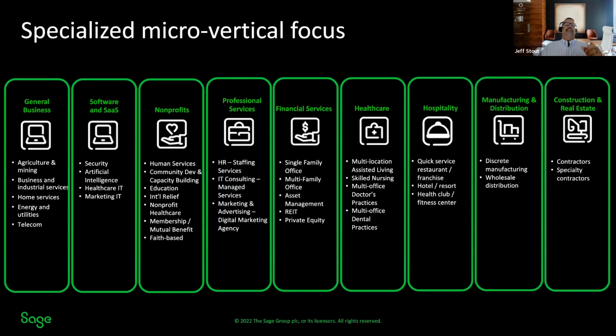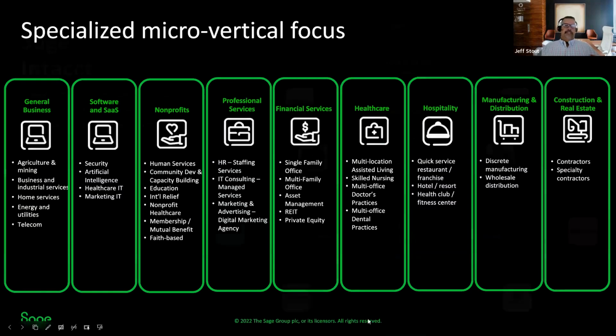Some of the specialization is in things that Sage has, but also in third-party or marketplace applications built on top of Sage Intacct. So there are a lot of different features, functionality, and industry focus built on top of the Sage Intacct platform.